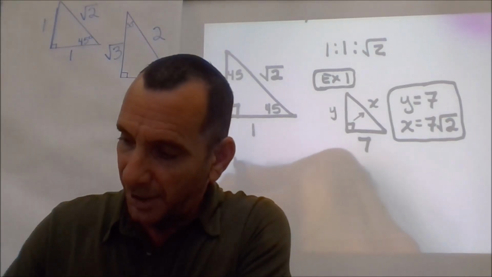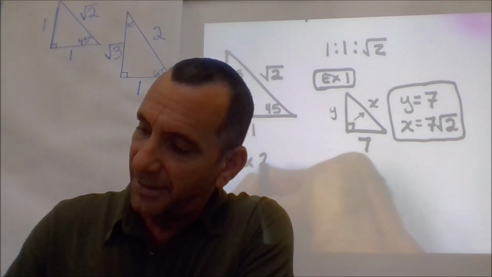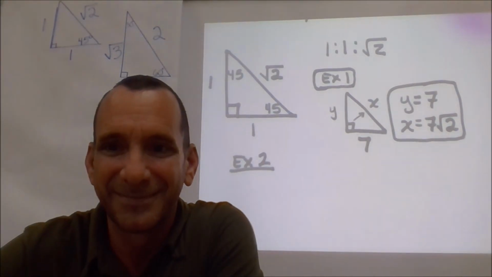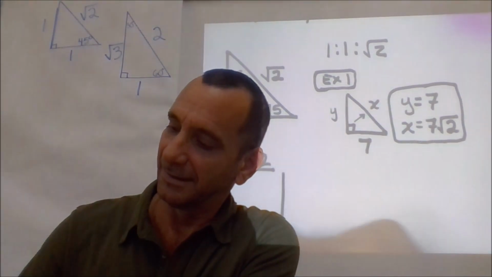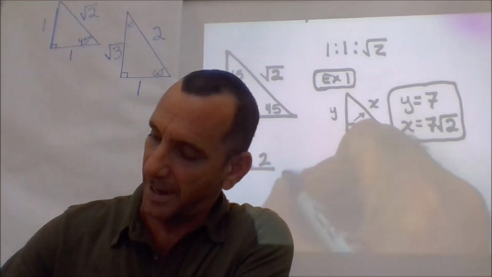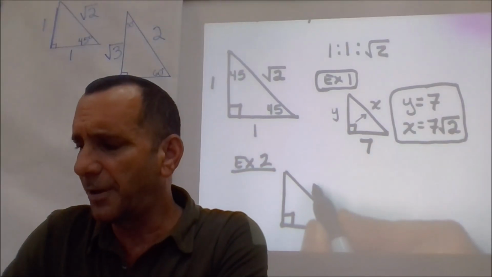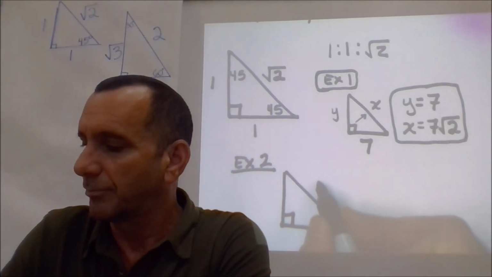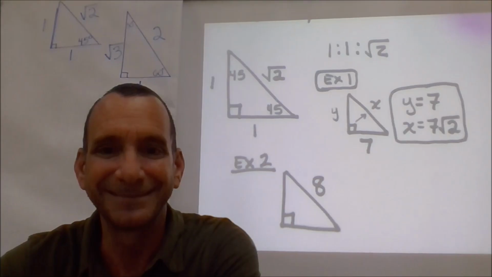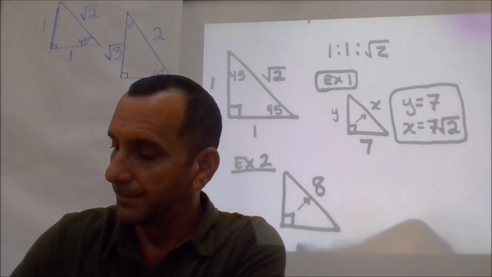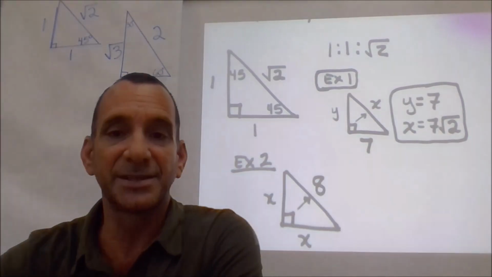What if you were given the hypotenuse? Let's look. Here's my 45, 45, 90 triangle, and I'm going to call this 8. Okay, so the hypotenuse is 8, and I'm going to put x's on the sides.